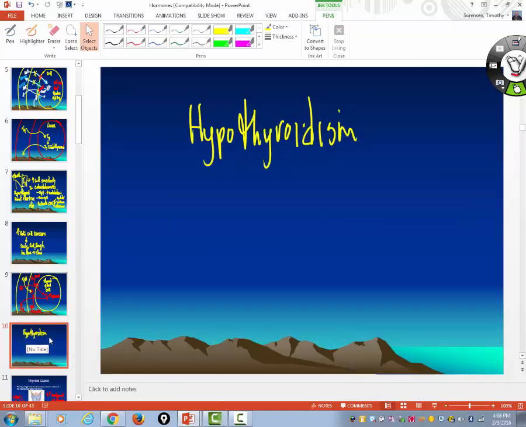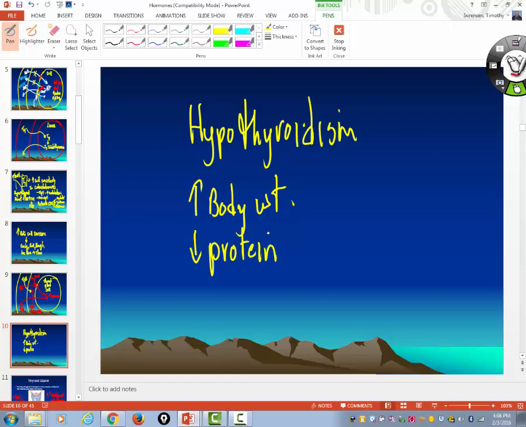So the result is going to be increased body weight. They will gain weight. There will be decreased protein synthesis, so they will get muscle wasting.